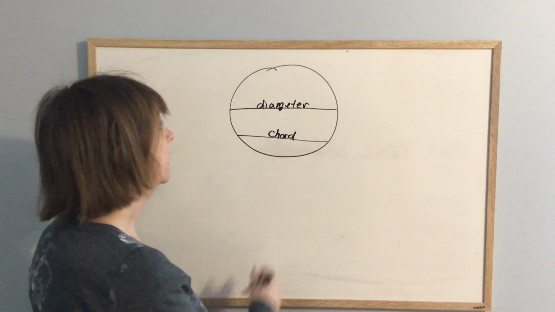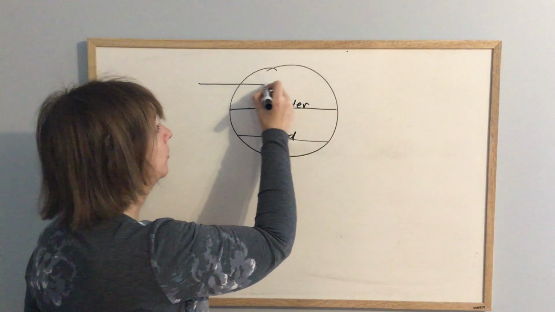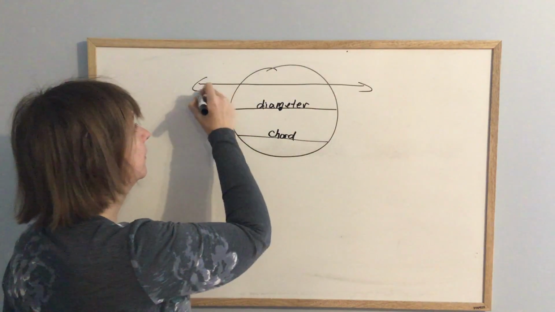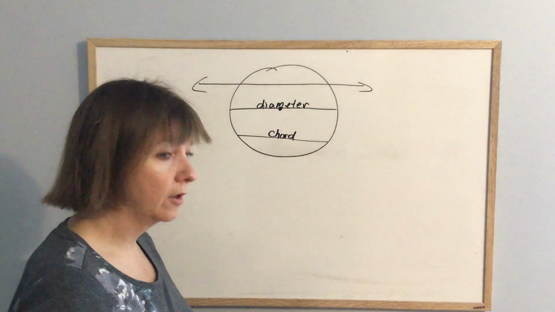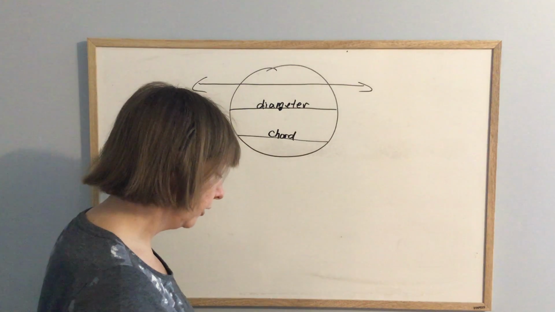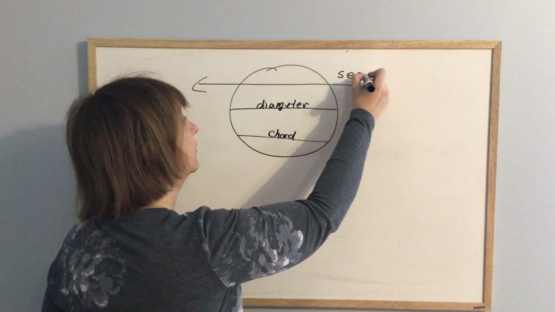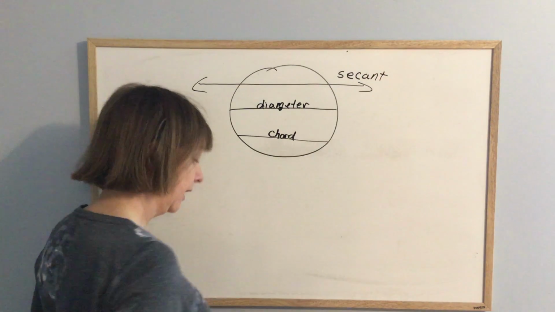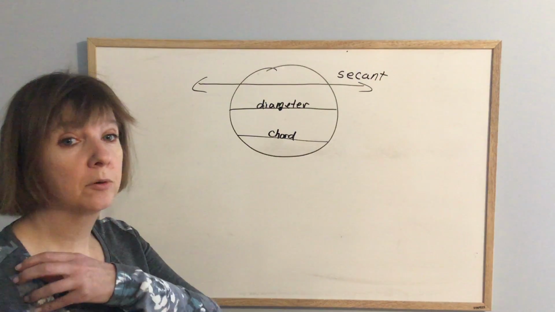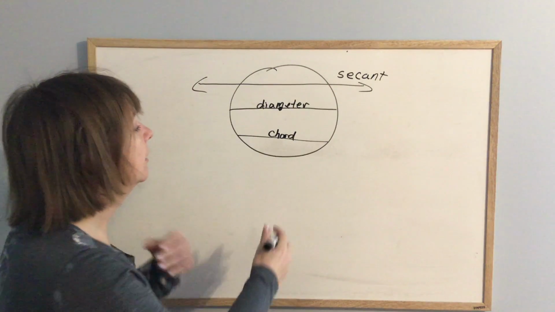And if you have a line that goes through 2 points on the circle, but it keeps going, that's actually called a secant. And they don't have this in your textbook, but I'm going to teach you anyway.